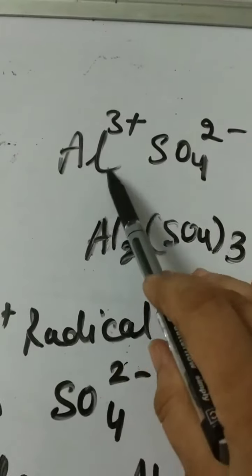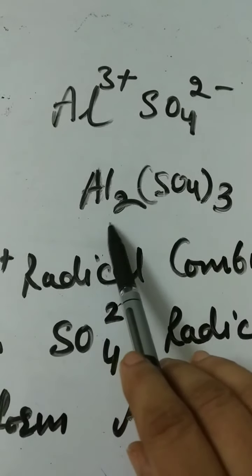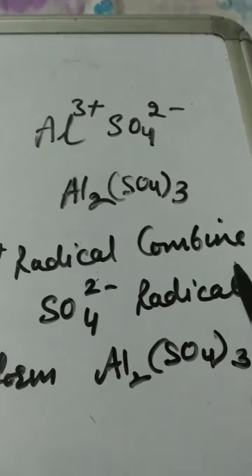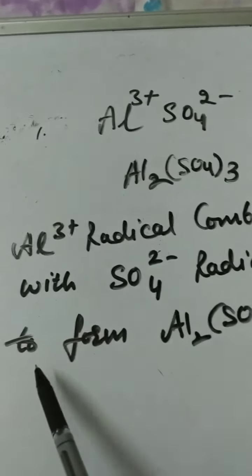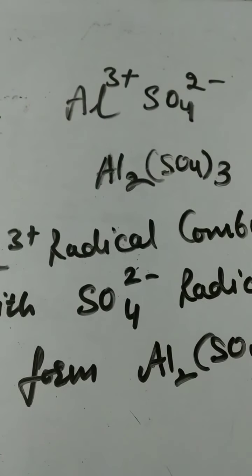For example, Al3 positive and SO4 2 negative radicals combine to form Al2(SO4)3, aluminium sulfate. In the same way you can write 2-3 more examples for this answer.